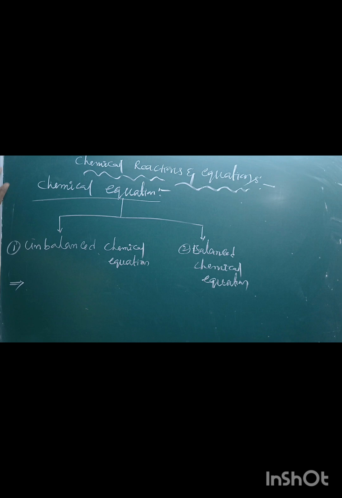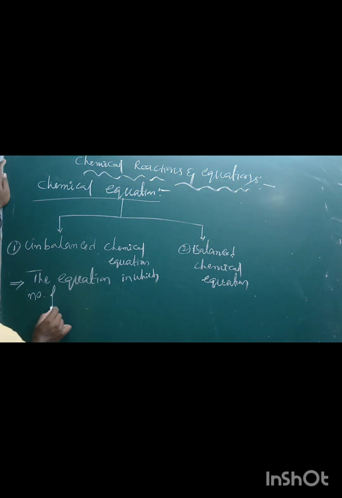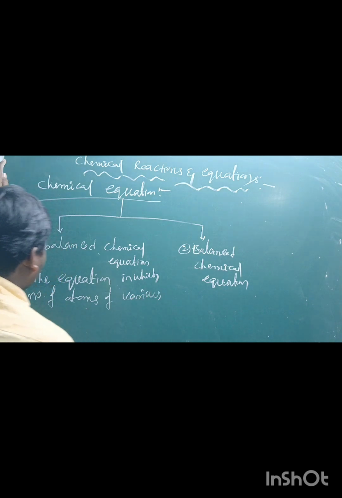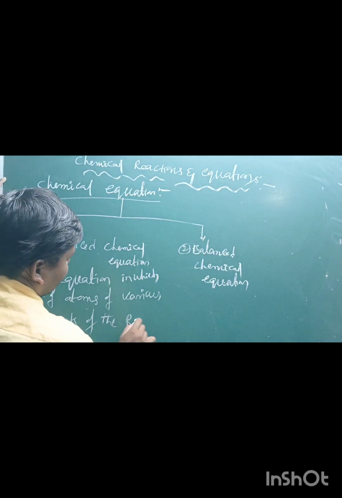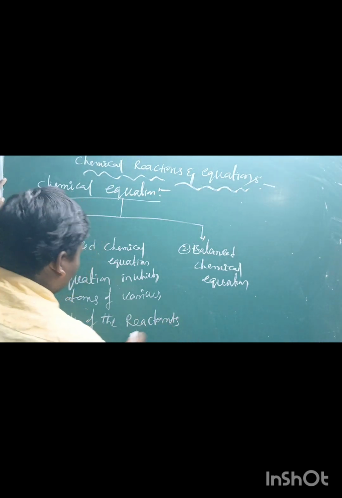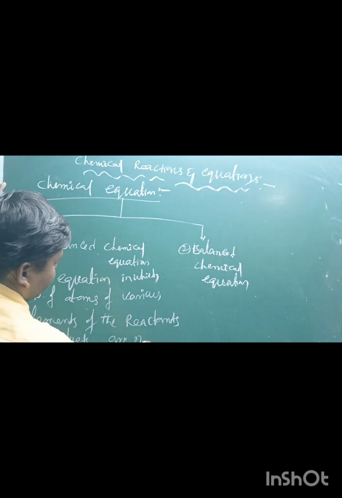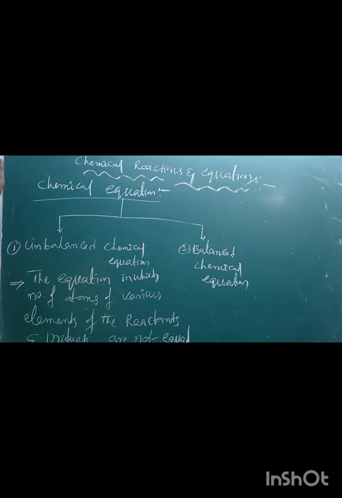The equation in which the number of atoms of various elements of the reactants and products are not equal is called an unbalanced chemical equation.